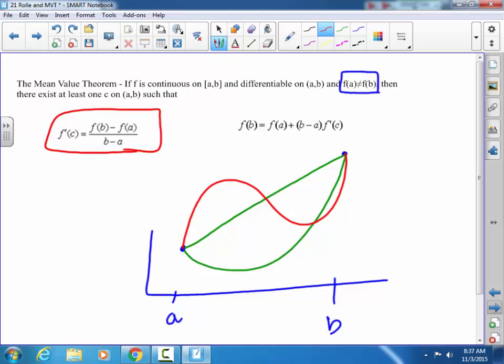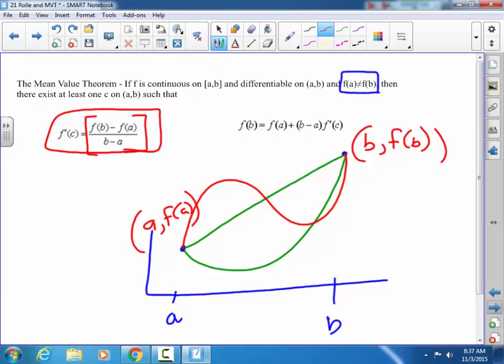Now, students often get confused with that right there. But now really take a look at the right-hand side. F of B minus F of A over B minus A. What is that saying to find? Take the function value at B minus the function value at A over B minus A. What is that right-hand side calculating?